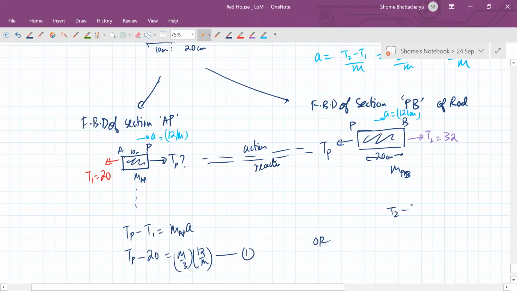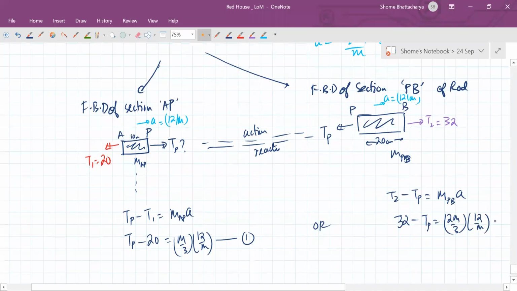So T2 minus Tp is the mass of this section into acceleration. So 32 minus this unknown tension should be 2m by 3 into 12 by m. So whichever of the two equations we use, we'll get the same result, that this is 24 newtons.